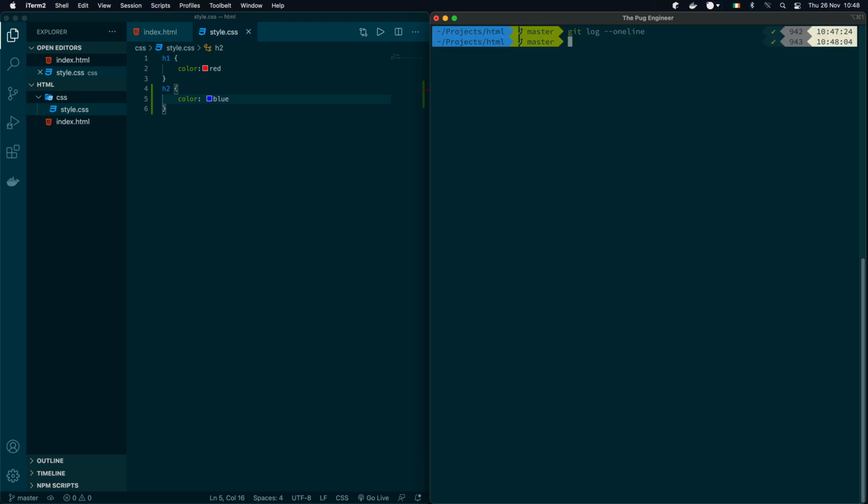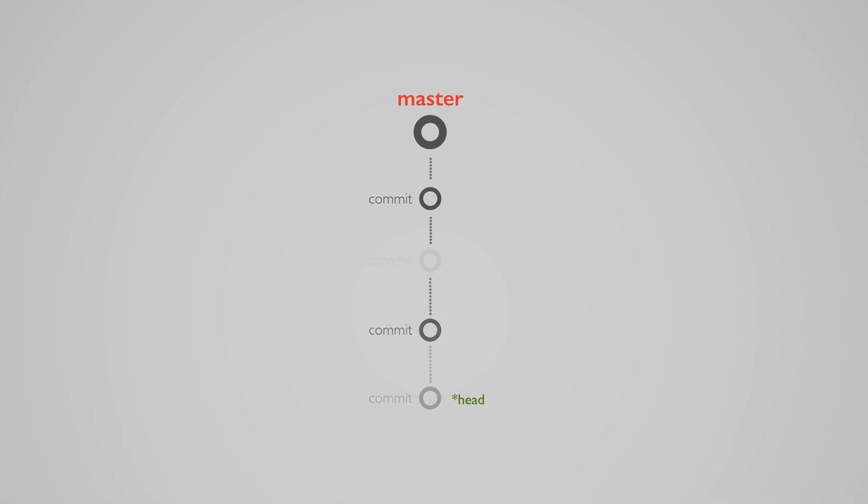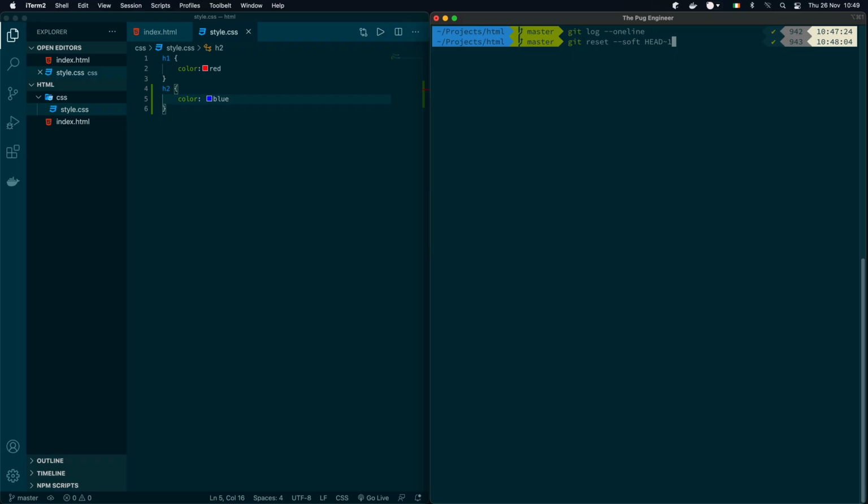To go back to the previous commit, we use git reset --soft HEAD~1, and the number after the tilde is how many commits we want to go back. Basically, it's the position. It means -1, -2, -3. So we want to go to the one before the head, and we are going to use HEAD~1 in this case. Let's see what happened.